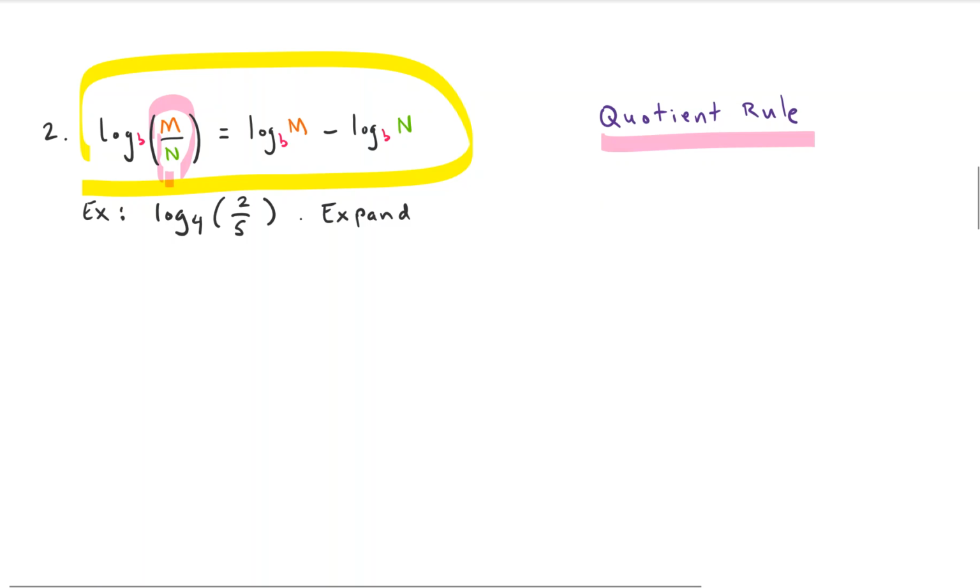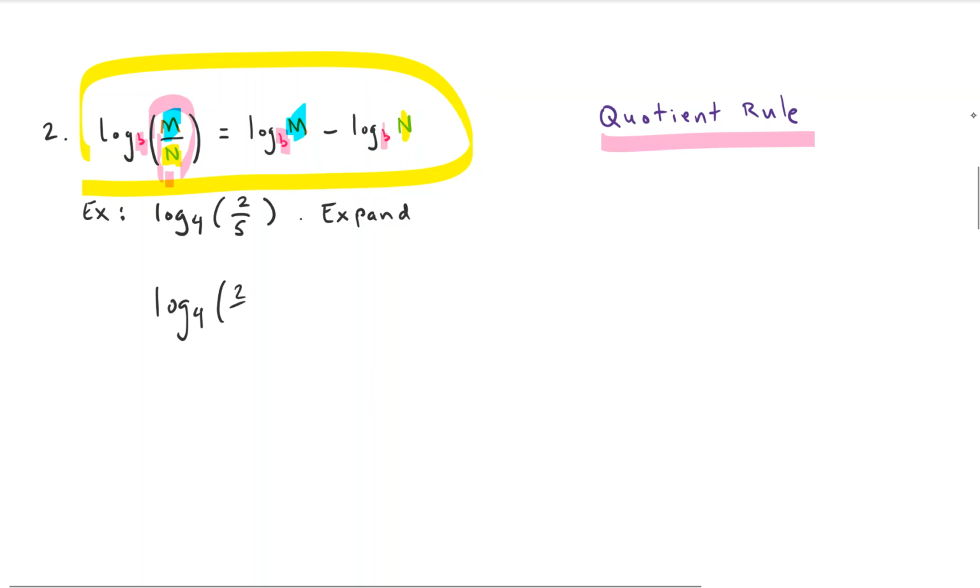We'll keep the same base. The base is b. Both of these have the same base b. And the m, which is in the top, goes into the first log, and the n, which is in the bottom, goes into the second logarithm. And we're done.